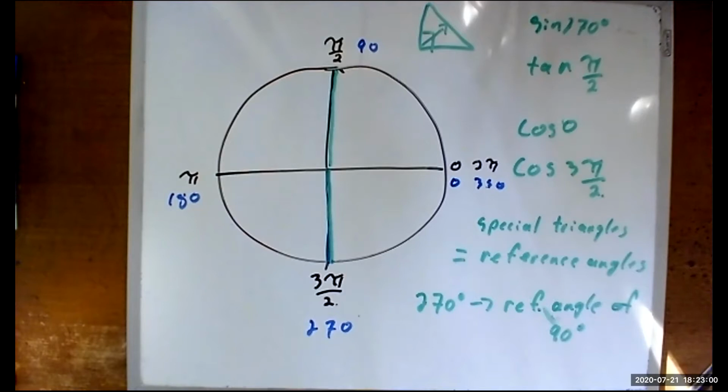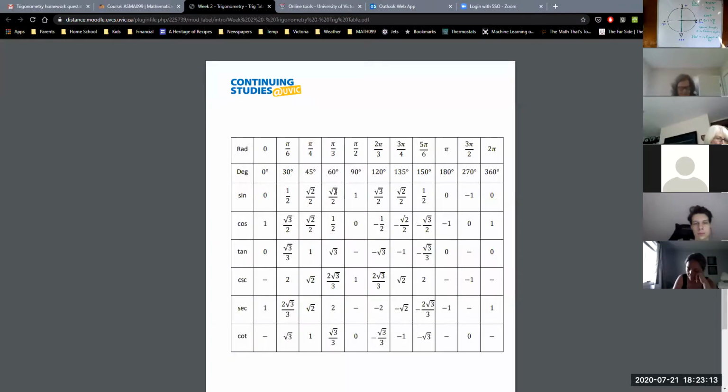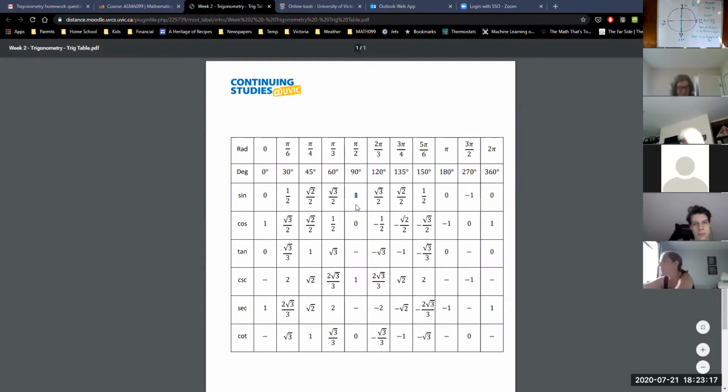I'm going to refer you back to that supplementary sheet that I was sharing with you guys when we were doing trigonometry. We have special things that happen here at 90 degrees. You can see for the sine of 90 degrees, it's going to be 1.